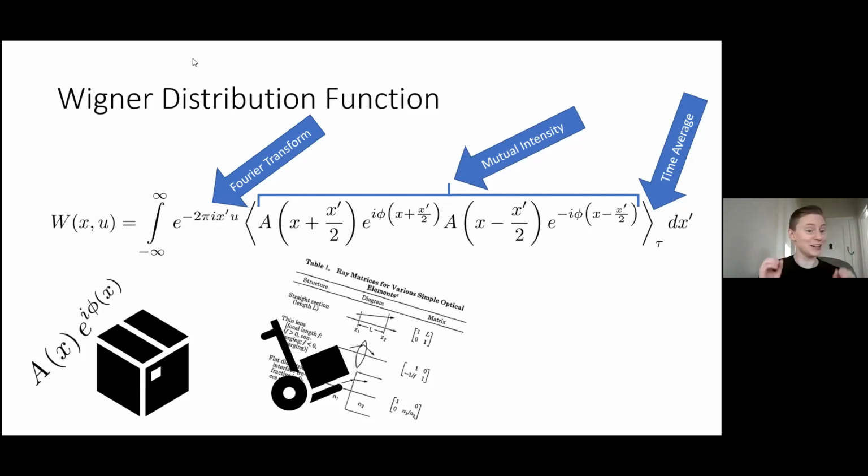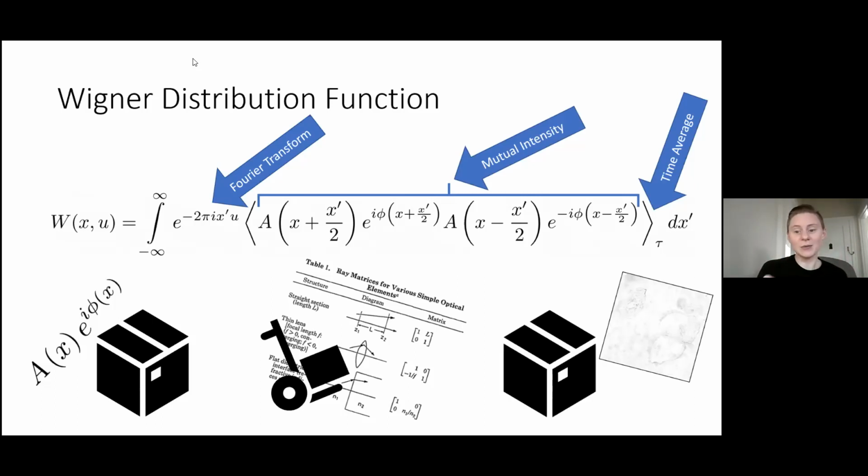It's very convenient as a way to approximate, rather than having super high resolution Fresnel diffraction propagation. It's so much nicer. You're using ray optics math to do wave optics propagation. And then once you get to the end of it, based on how you packed the box originally, you can unpack the box and get an image out that is wave optically correct.